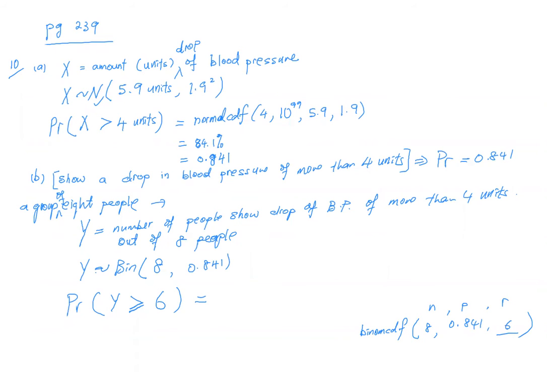Let Miss Do explain. If I use binom CDF, it means that probability of Y equal to 0 plus probability of Y equal to 1 plus until probability of Y equal to 6. Is that what I want here?